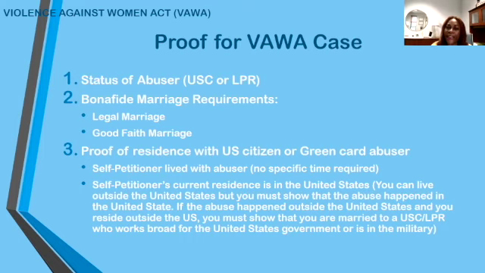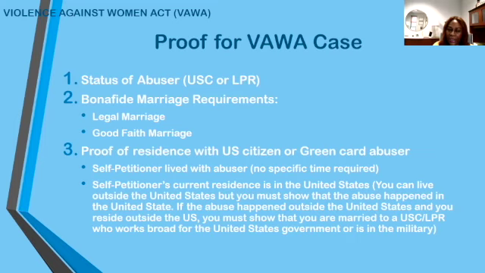They like to see that your lives are financially commingled, such as you're filing taxes together, you have bank statements, joint bank accounts, big ticket items you have bought together, or you have photographs with family, friends. There are many ways to show it's a good faith marriage.